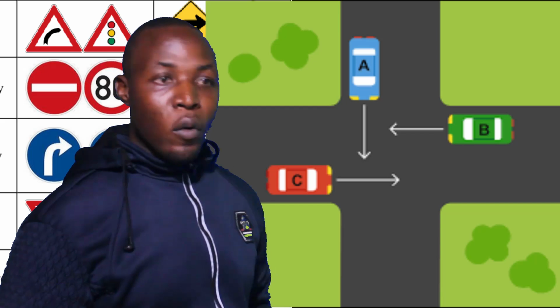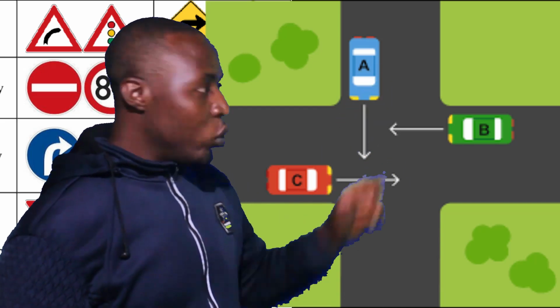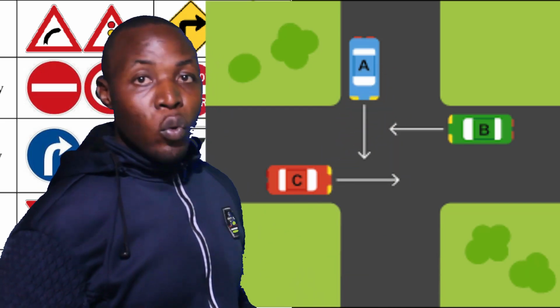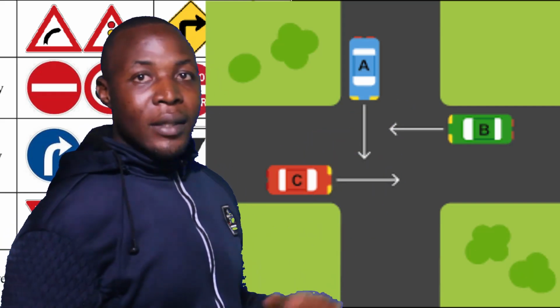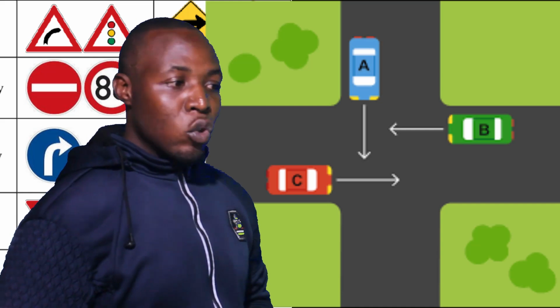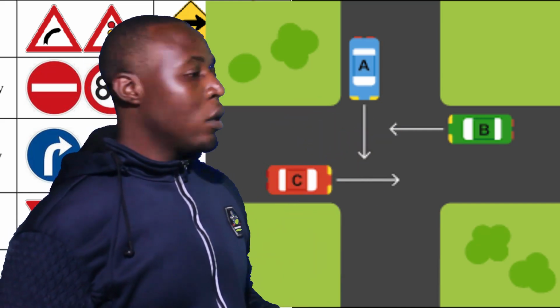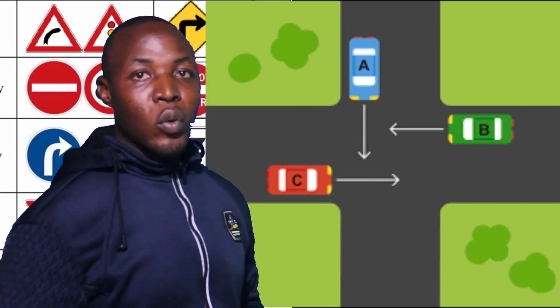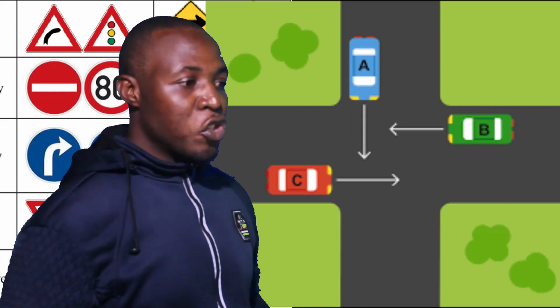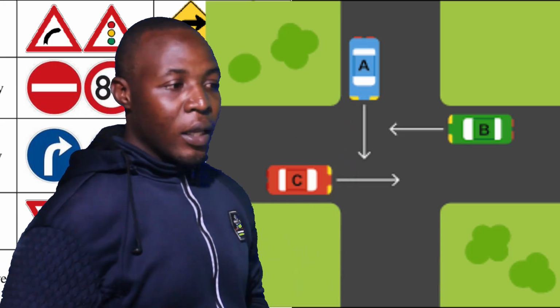So the red vehicle has to go first, then the blue vehicle, and the green vehicle passes last. So we have the red vehicle first, the blue vehicle, and the green vehicle. That is the order of passage in this type of intersection.